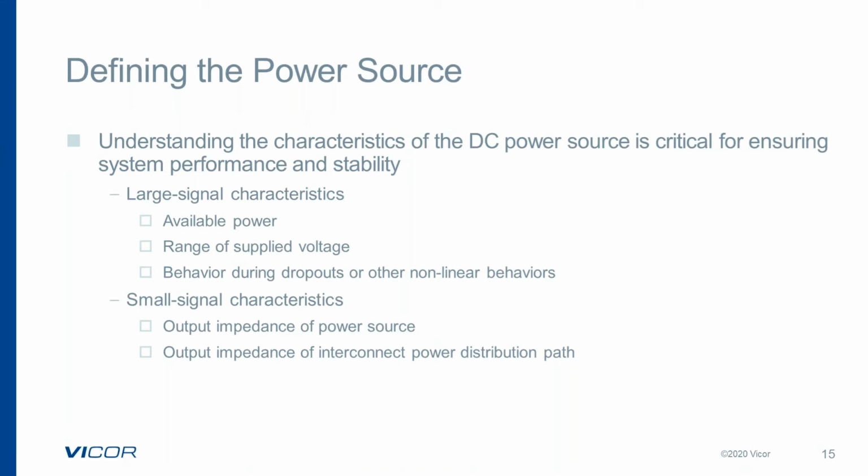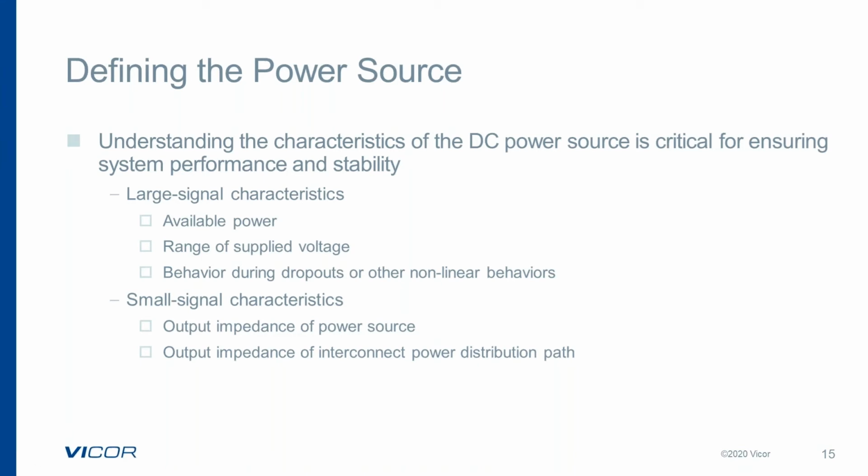Many of the mil standards require a 50 millisecond dropout requirement, and so we have to consider that for our source behavior. And then there's the small signal characteristic. Because the DC to DC converter is essentially a constant power device, it's considered a negative impedance. So when the input voltage rises, the input current will decrease.